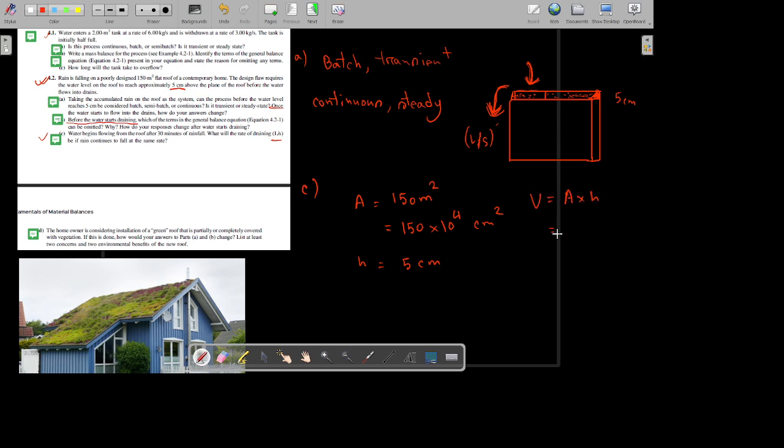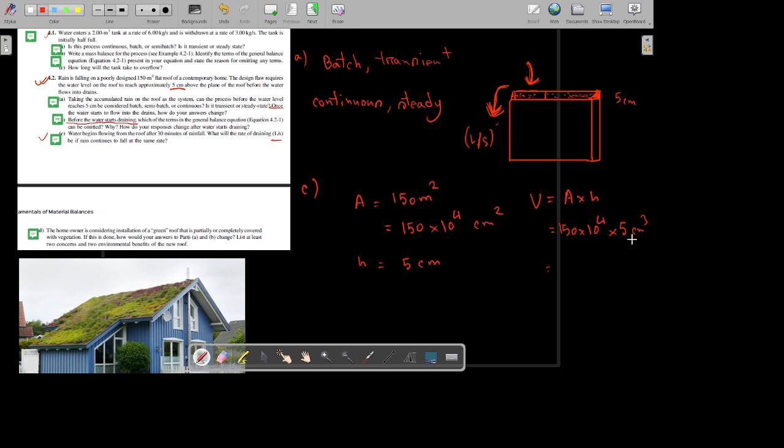So the volume of water will be 150 into 10 to the power 4 into 5 centimeter cube. So the answer comes out to be 150 into 10 to the power 4 multiplied by 5. That is a huge answer.